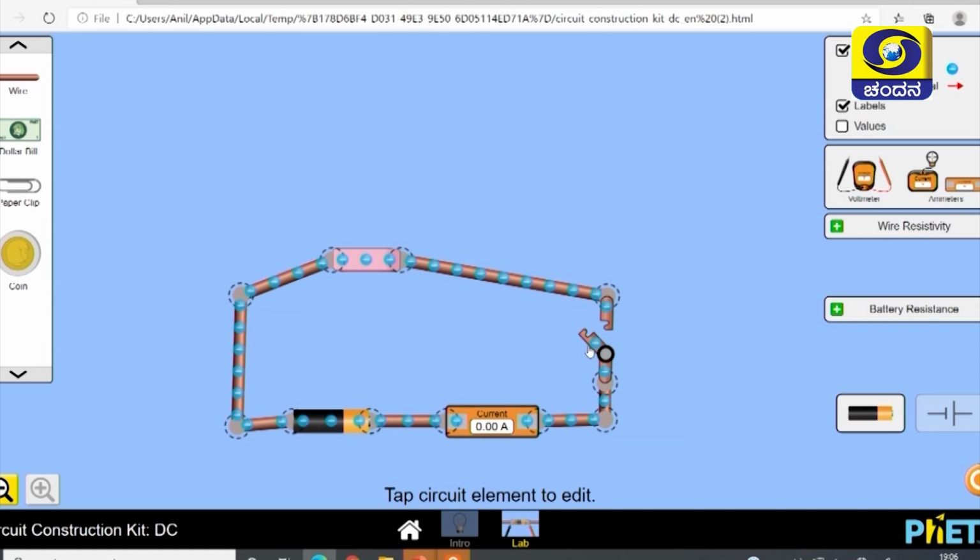Now let us verify the same thing for the eraser. What will happen here? Will it allow the charges to pass through it? Let's verify it. Yes, children, what are you observing? Now the switch is closed. Even then the ammeter is showing the reading 0 ampere. That means this eraser is an insulator. So now you are comparing the conductor and an insulator.